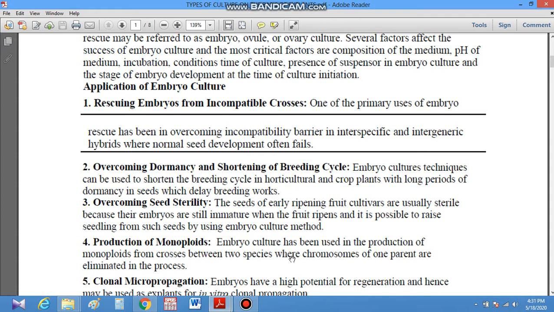In some plant species, seeds have a long dormancy period, up to 2 years. In those cases, we excise the embryo and get seedlings immediately by embryo culture. Thus embryo culture is effective in breaking seed dormancy.